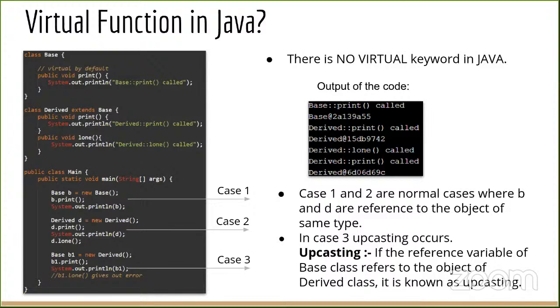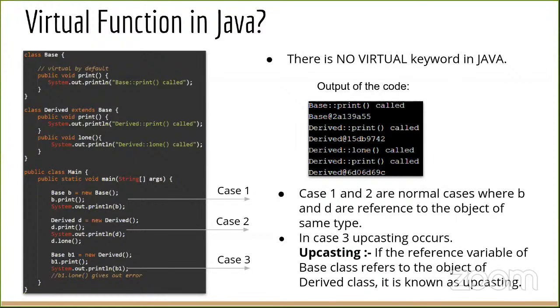What happens when we call the print function in case 1 and case 2, you can see that the base print and the derived print are being called respectively, because the type of the object and the type of the reference are the same. But the third case is an example of upcasting that Sir was telling about, where the pointer is of type base, but the object is of type derived.